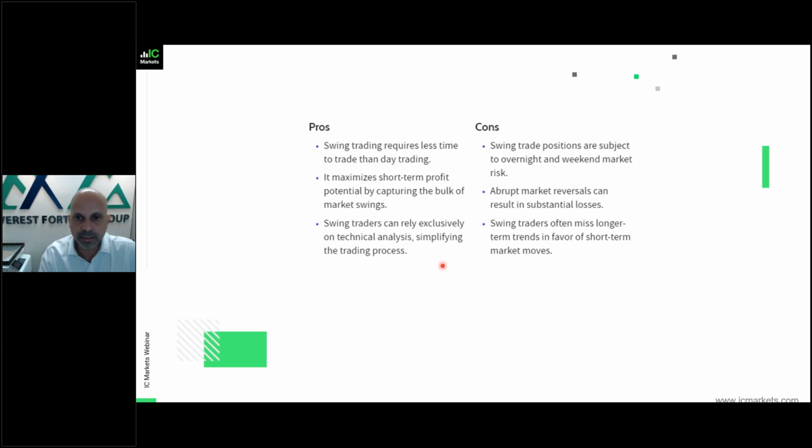Another pro is that because swing trading requires less time, as you're holding positions over a few days or a couple of weeks, it allows people who are busier during the day, like with their day job, and do not have sufficient time to intraday trade, to plan their strategies over the weekend and then enter the markets during the day or maybe after work, depending on how they've done their analysis.